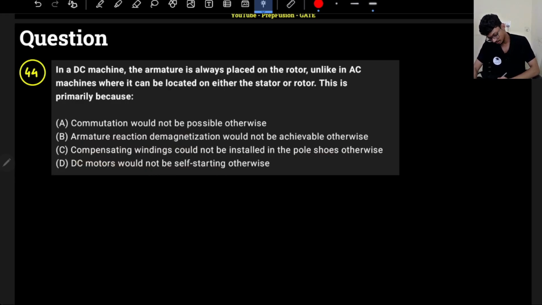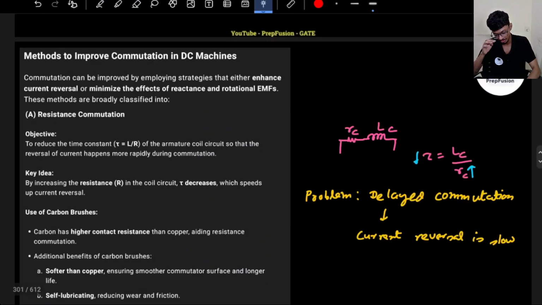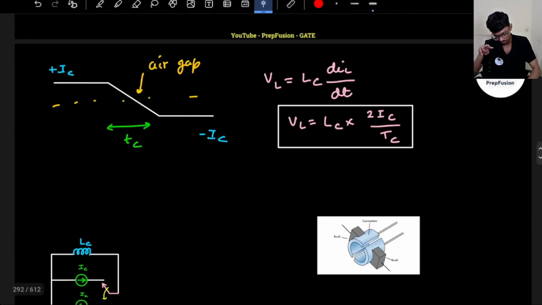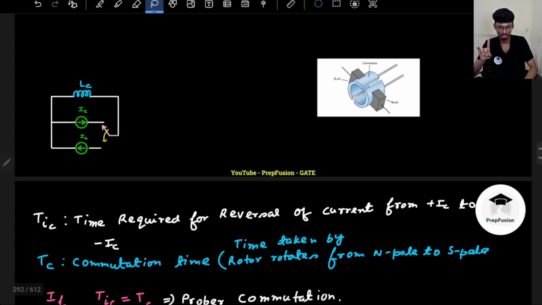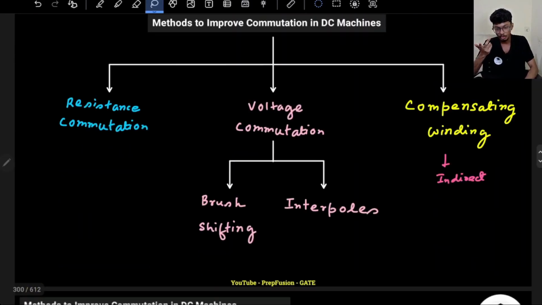So the first one is correct, because if the armature is located in the stator, then commutation action won't be possible. How does commutation happen? Commutation only happens because of rotation. Because it is rotating, the current direction reverses, and the brush changes from B1 to B2 due to this rotation action. So the armature has to be on the rotor, otherwise I will get an alternating current at the output.